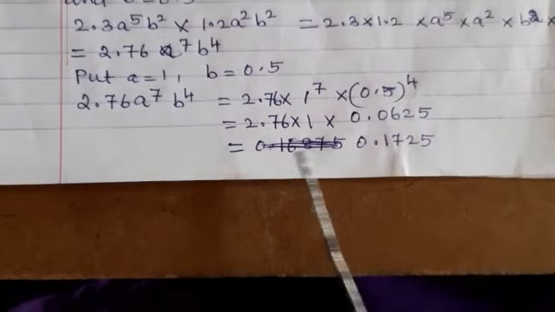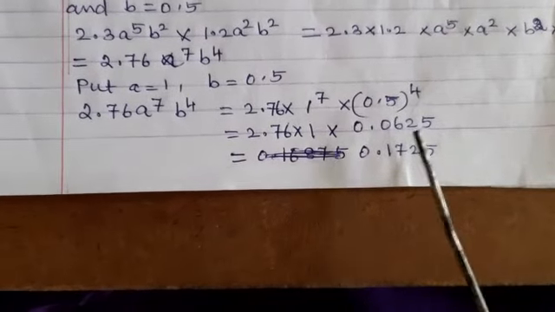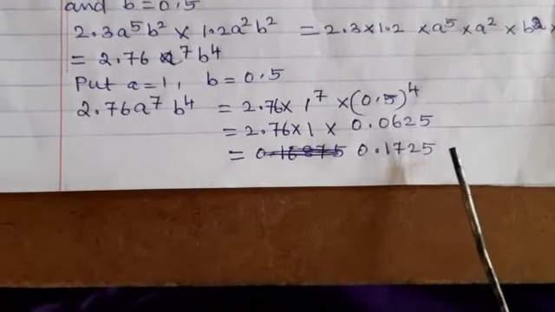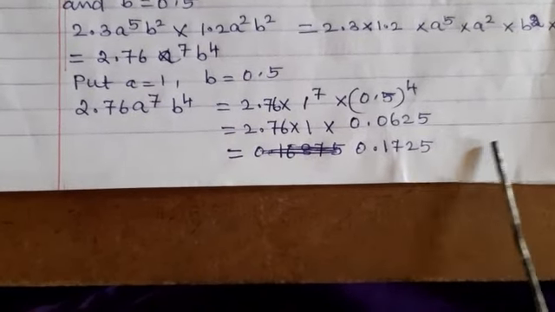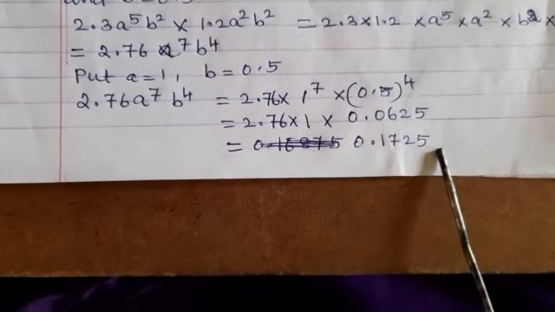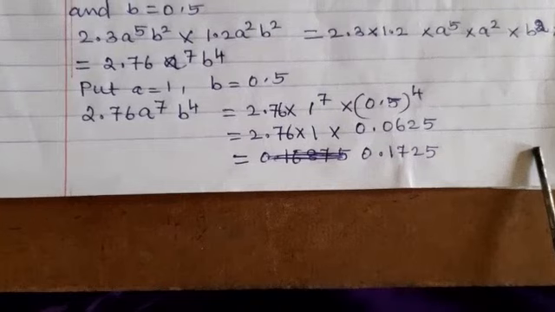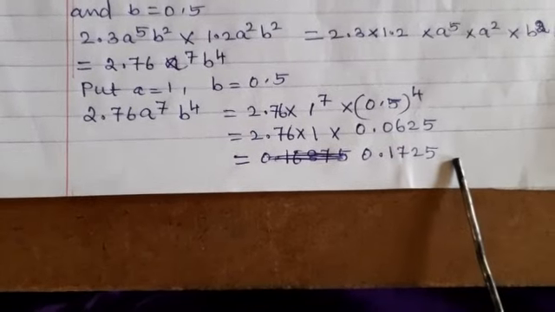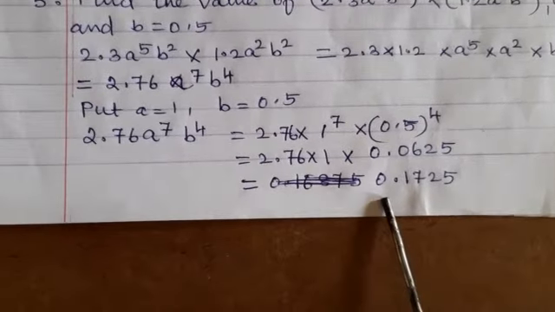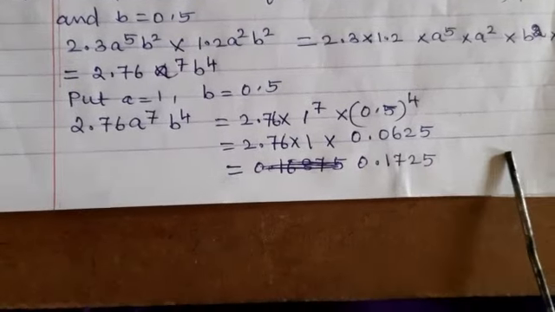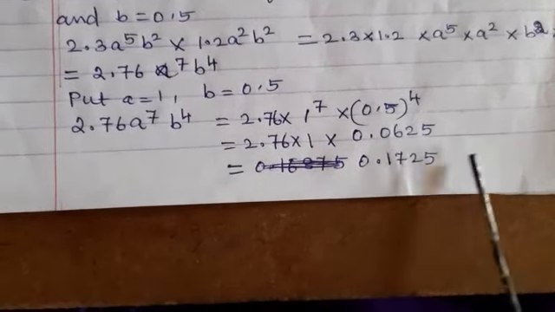So which is equal to, here 2 decimal places, here 4 decimal places, together 6 decimal places. Here there are 2 zeros, I have not written here, because after the decimal point, if there is a 0 and after that there is no number, there is no value of those zeros. So the answer is 0.1725. If you put the zeros also, there is nothing wrong, you can put it also.